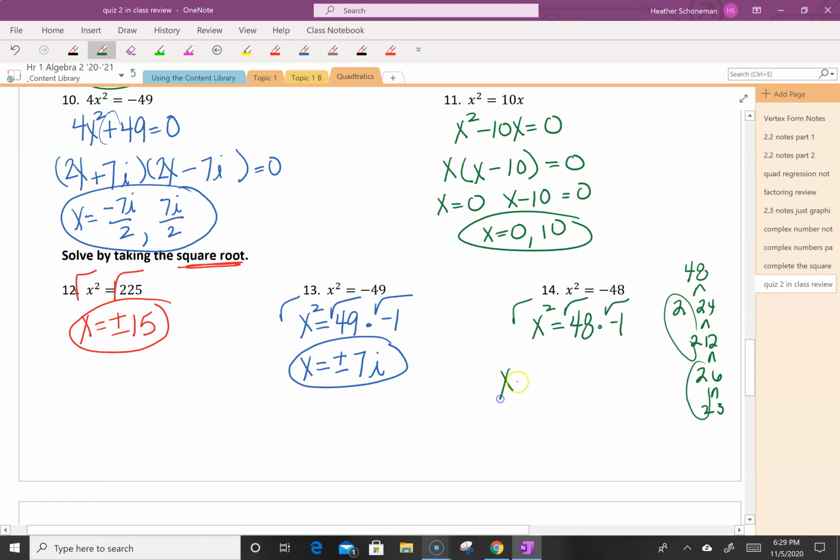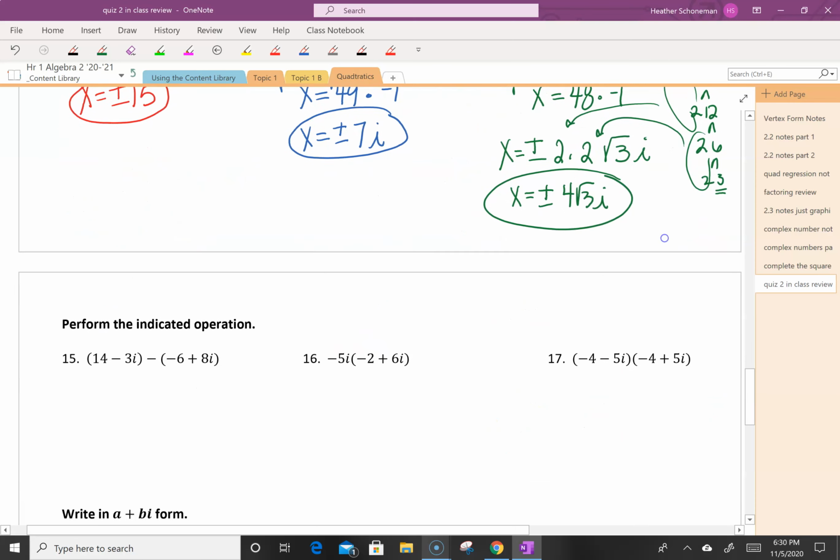So when I rewrite this, the square root of x squared is x, plus or minus. Each parentheses represents 1, so 2 goes outside of the radical, and the 3 is not circled, so it goes underneath, and the square root of negative 1 is i. So when I simplify this, I get plus or minus 4 square root 3 i, and that's my answer.